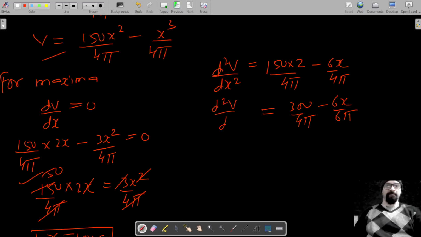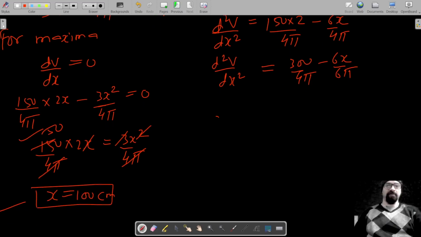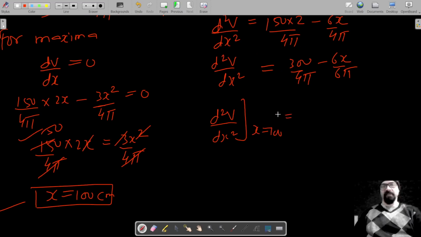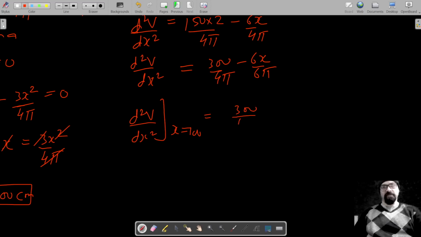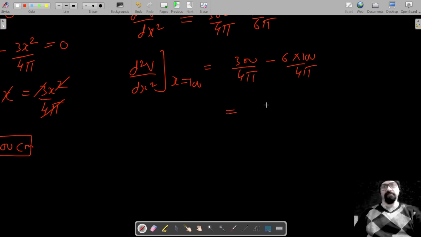Let's check its value at x is equal to 100. At x is equal to 100, the value is 300 upon 4 pi minus 6 into 100 upon 4 pi, which is equal to negative 300 upon 4 pi, which is less than 0.